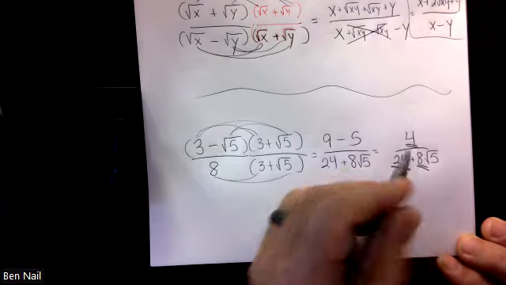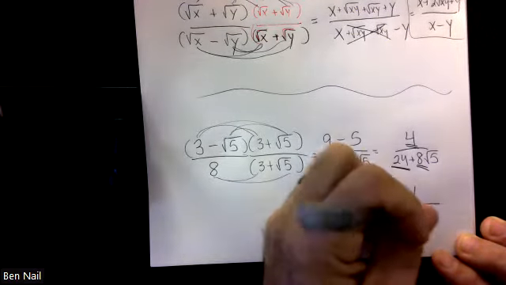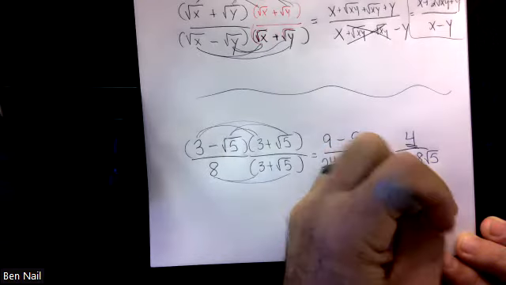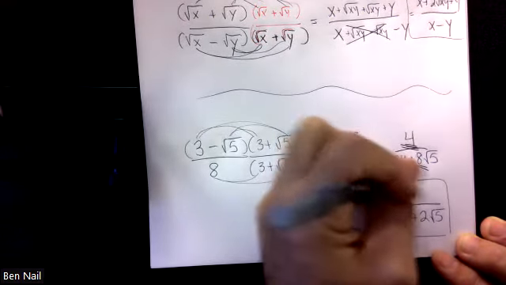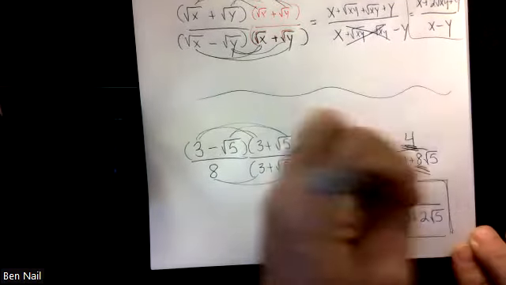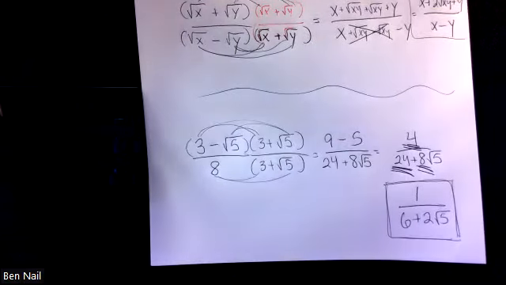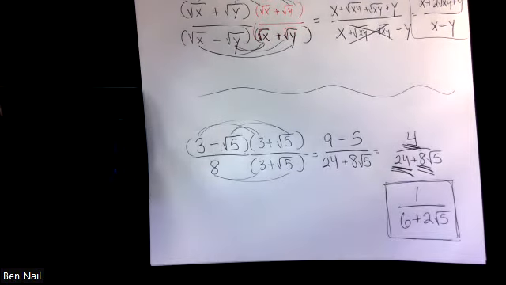So if we divide, 4 divided by 4 is 1. 24 divided by 4 is 6. 8 divided by 4 is 2. So again, we can simplify if we can divide all of these numbers by the same thing, which those are all divisible by 4. So that gives me a simplified rationalized numerator of our problem.